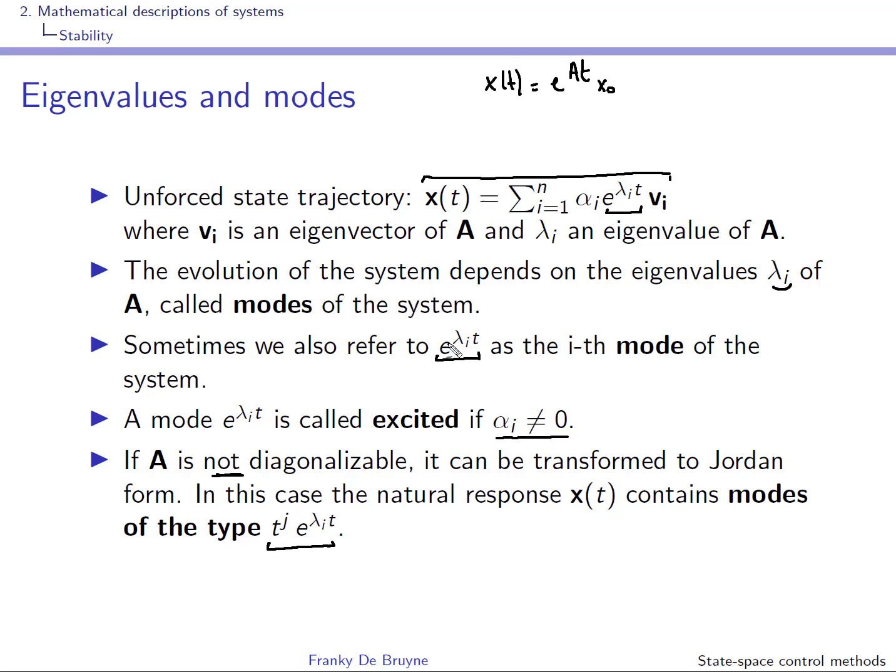So you'll have e to the lambda i t, but you'll have t to some power, that depends on the size of your Jordan block, t to some power times e to the lambda i t. We'll illustrate this in an example later on in the course.